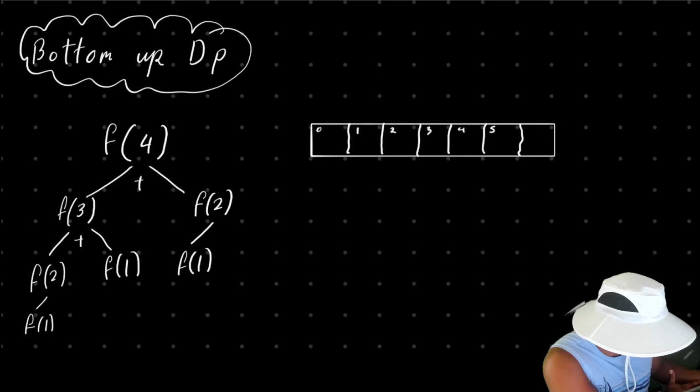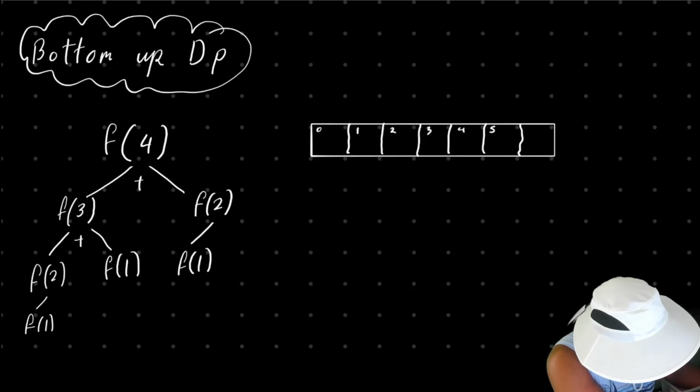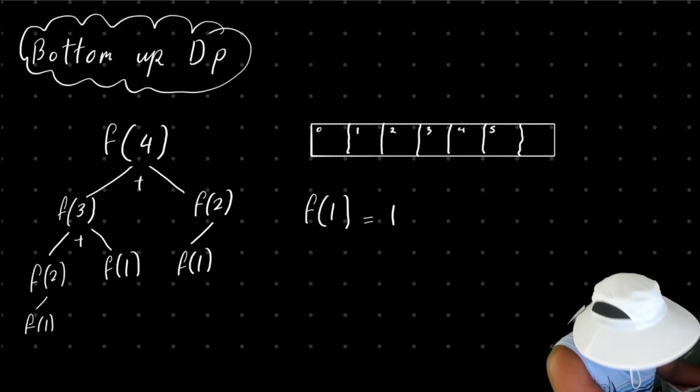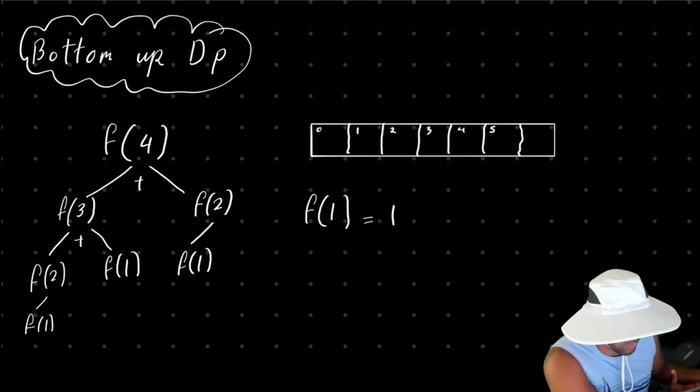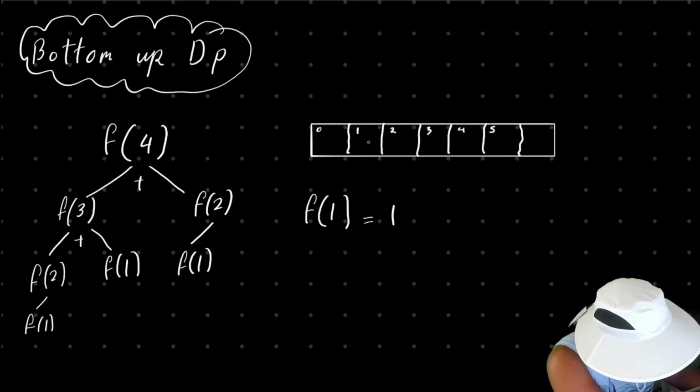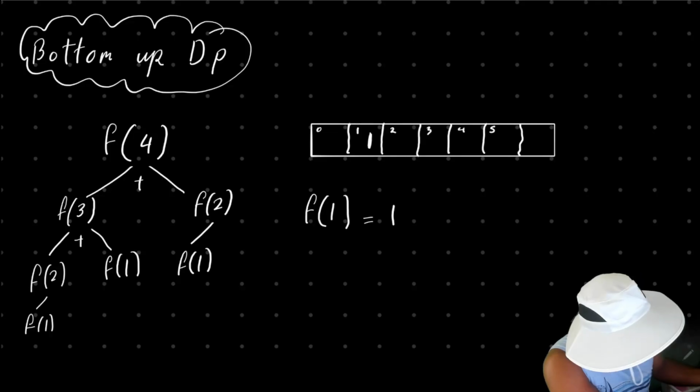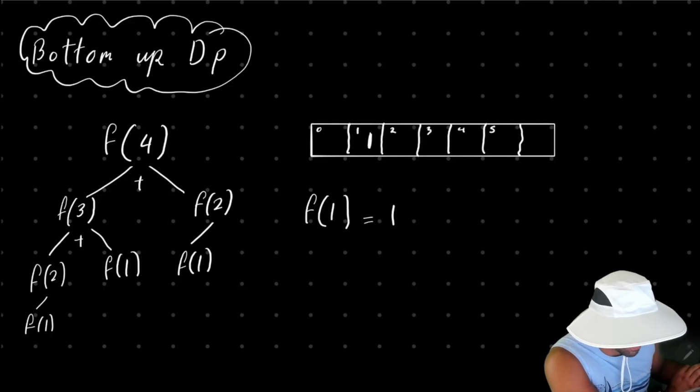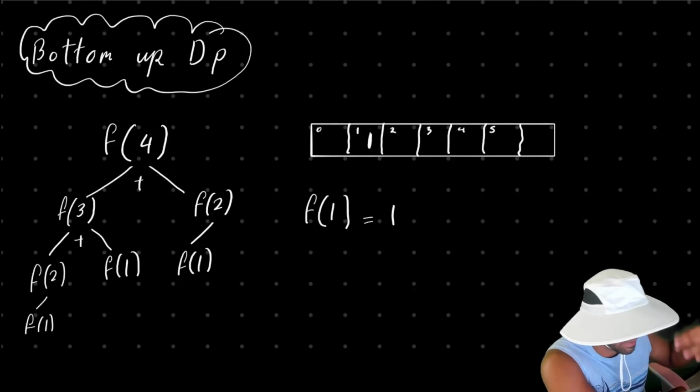For example, I know that f of 1 is 1. The number of ways to climb a staircase of size 1 is one way, so I can store 1 here because that's index 1. The index represents n, the staircase size.